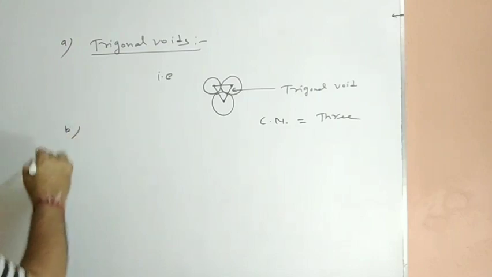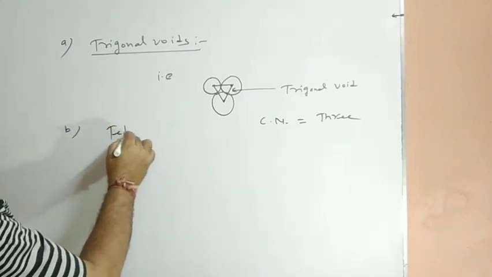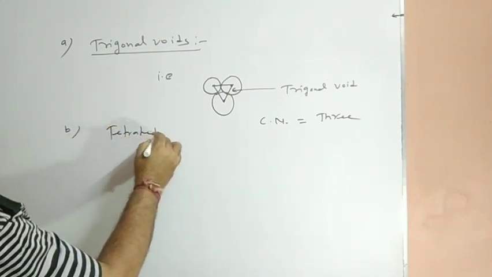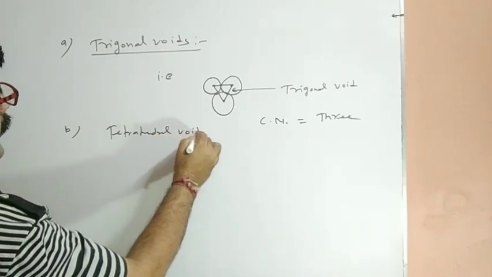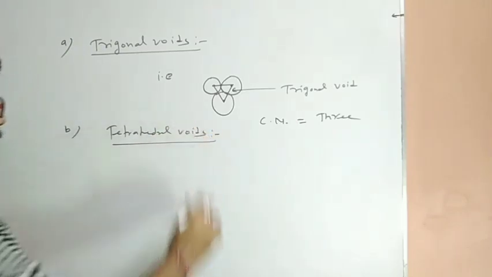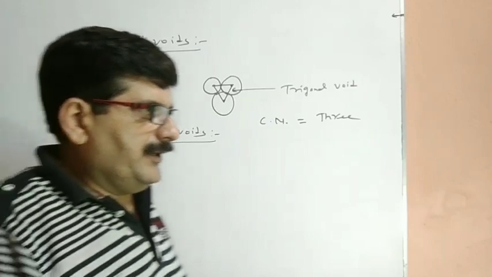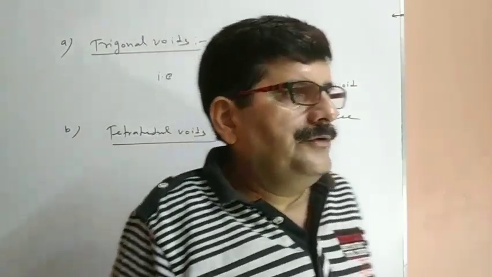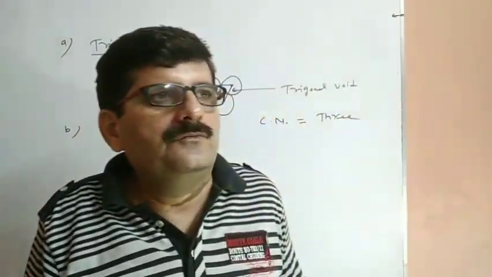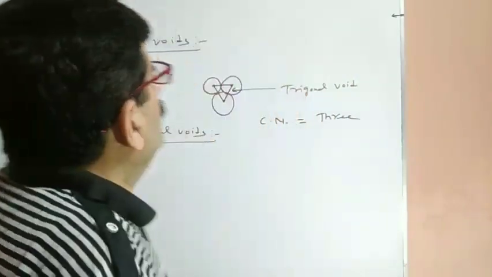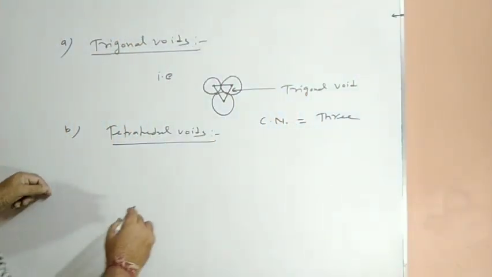Our next void, tetrahedral voids. Tetrahedral voids are obtained by the combination of 4 circles. Look at this picture.